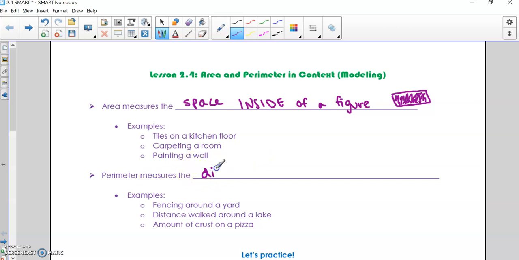So perimeter is the opposite, right? Perimeter is the distance around a figure. All right, and now around is the key word here because perimeter is the outer edge. So if I had a rectangle, the outer edge of that rectangle itself is what we are looking for.